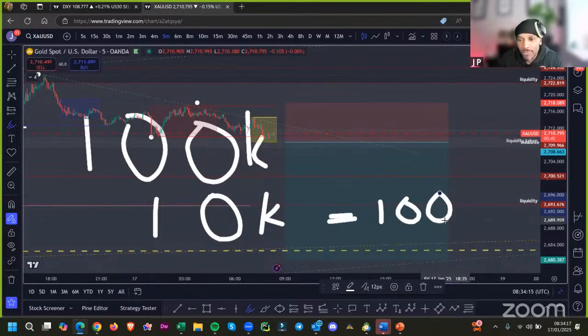But if you're quite comfortable and confident, you can maybe push your risk up to 2%, 2.5% if you're wicked. Which ultimately means you've got a certain amount of trades that you can take that go badly before you blow your account.